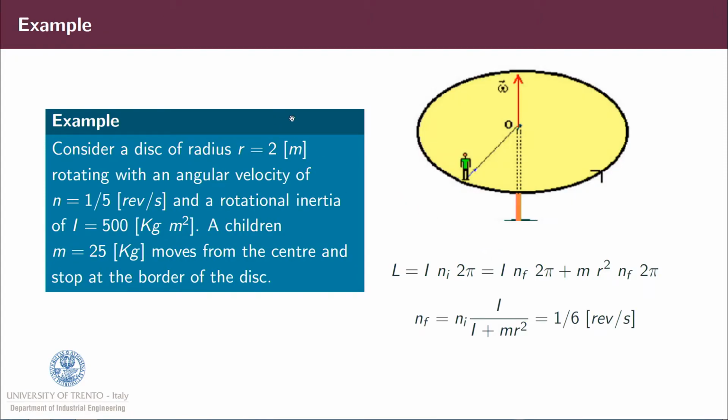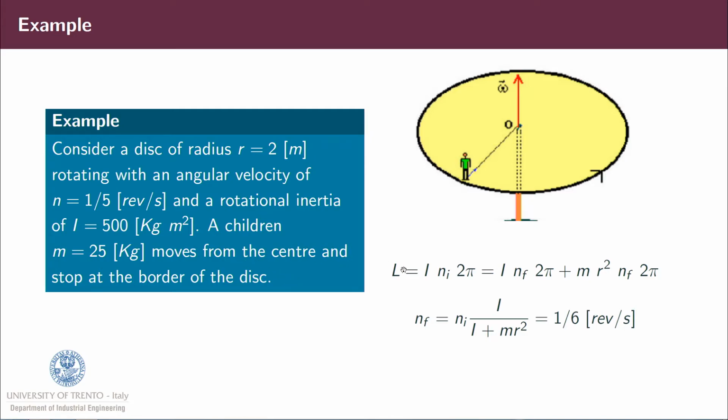Let's see another example. If we consider a disk of radius 2 meters, rotating with an angular velocity n of 1 over 5 revolutions per second, and a rotational inertia I of 500 kilograms square meter, and a child whose mass is m equal 25 kilograms moves from the center and stops at the border of the disk.